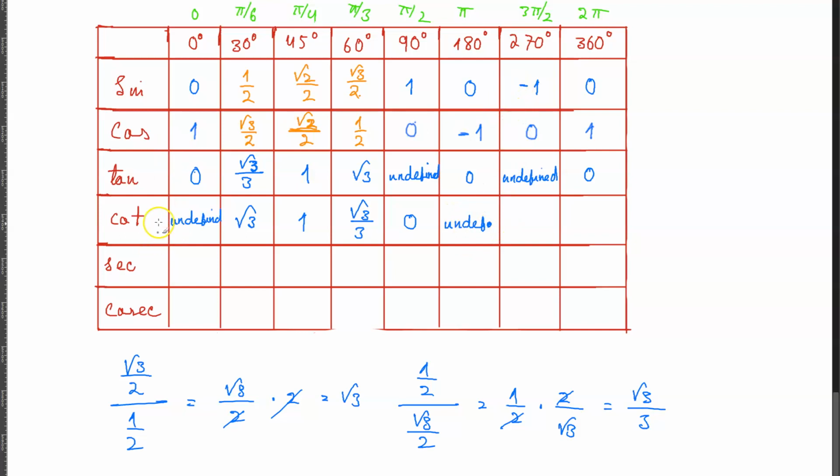Now cot of 270 degrees is 0 divided by negative 1, which is equal to 0. Cot of 360 degrees is 1 divided by 0, which is undefined. So that means that cot of 360 degrees is undefined, and also cot of 180 is undefined. And cot of 0 is also undefined, as you can see.